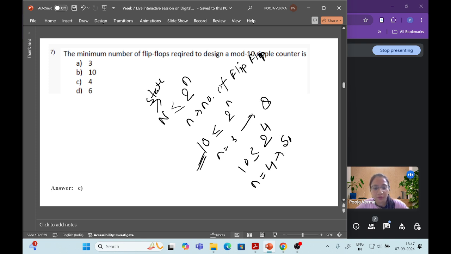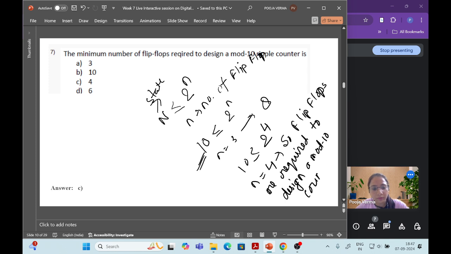So 4 flip-flops are required to design a mod 10 counter. So option C is the correct answer for this question.